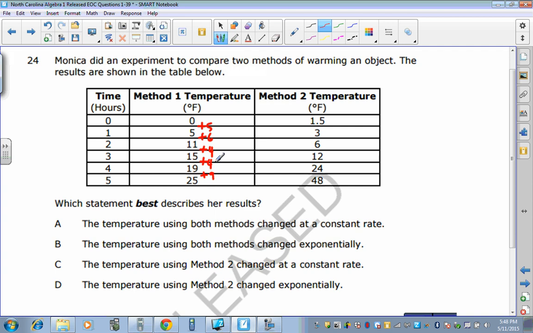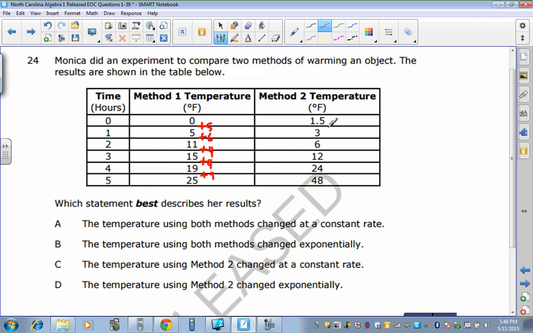I don't really see any linear or constant pattern there at all. Let's look at experiment 2. That went up 1.5. That one went up 3. Look what it's doing. It's doubling each time. So it's not just going up, it's doubling.